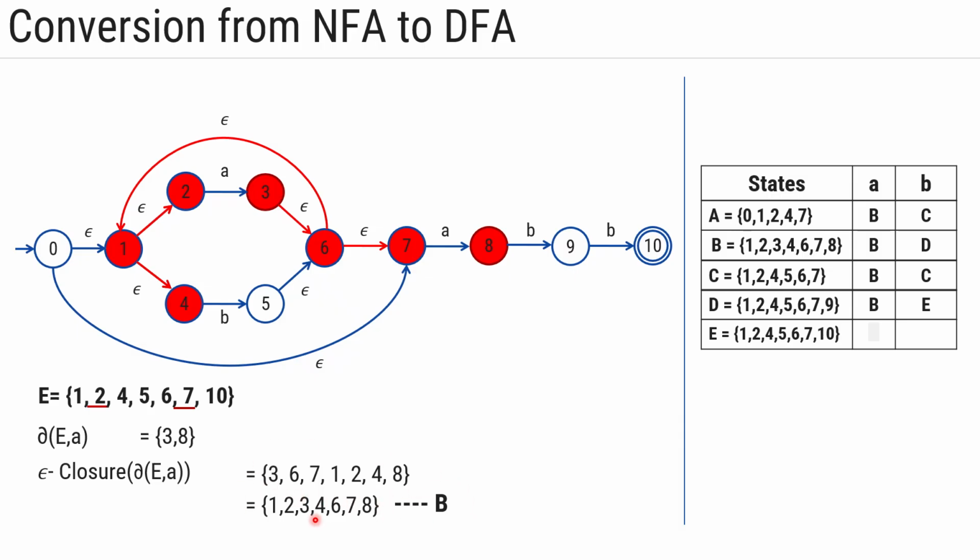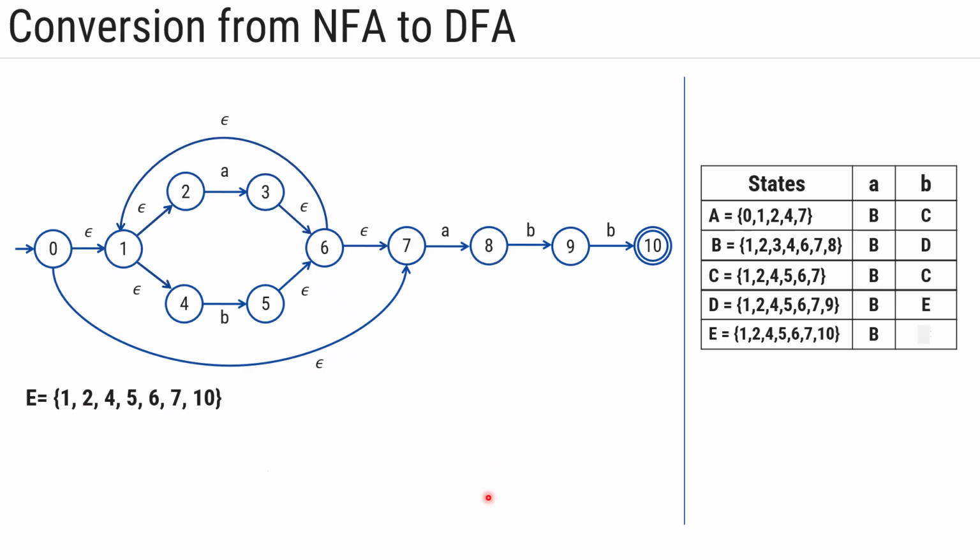After rearranging them, you look at this table, which already has the same set of states, then you have to rename it. So on a, capital B, I filled it in the transition table. Then find the other transition on input small b for state E. So delta of capital E comma small b.